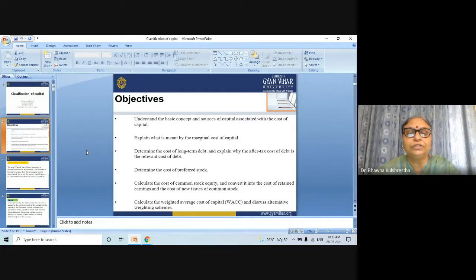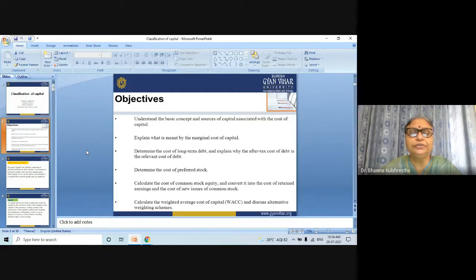Determine the cost of preferred stock. Calculate the cost of common stock equity and convert it into the cost of retained earnings and the cost of new issues of common stock.